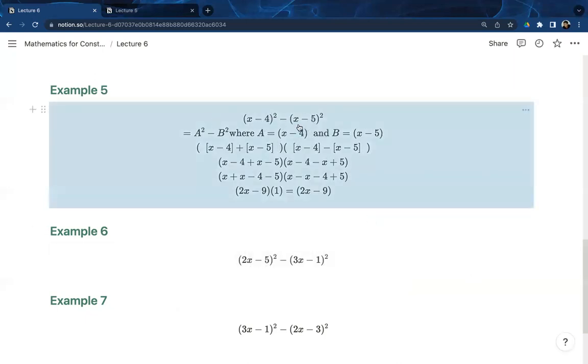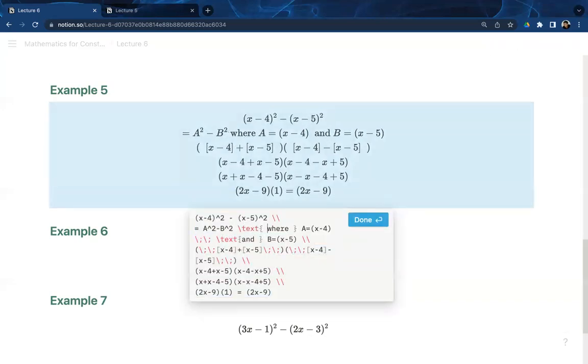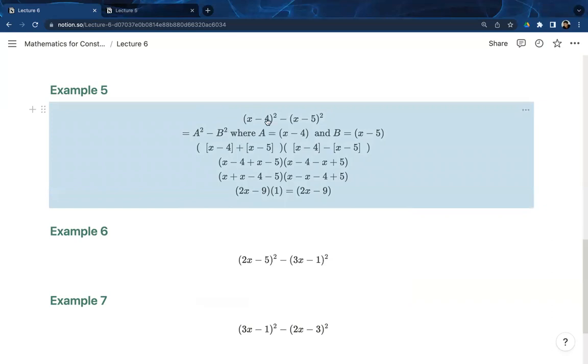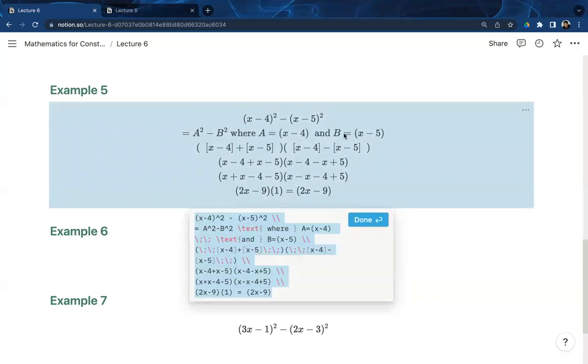So this first line is equal to a squared minus b squared, where a is x minus 4 and b equals x minus 5.